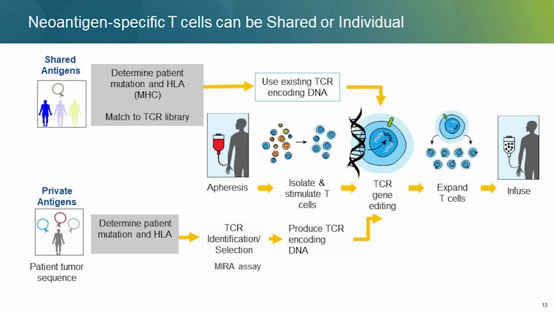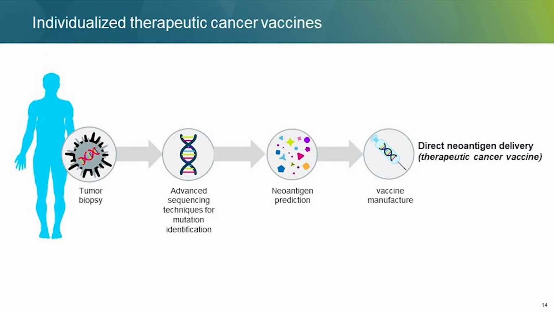So this is mainly focusing on pre-existing immune responses. And then we need to clone the TCRs and engineer the T cells to express these TCRs before we can expand them and then reinfuse them in the patients.